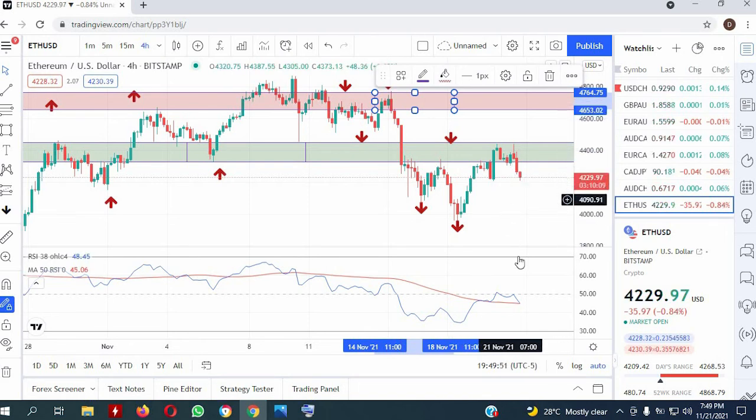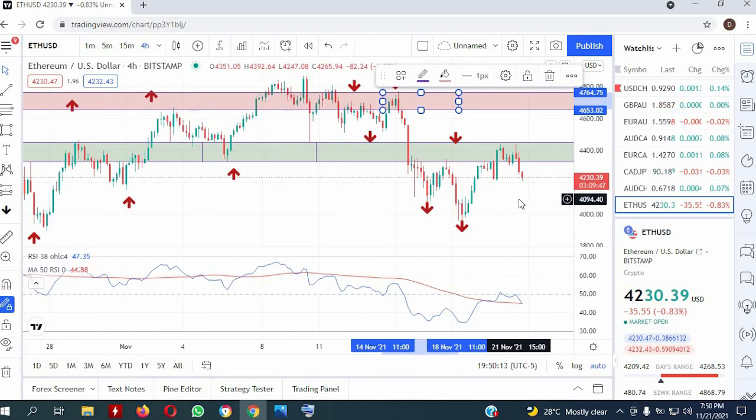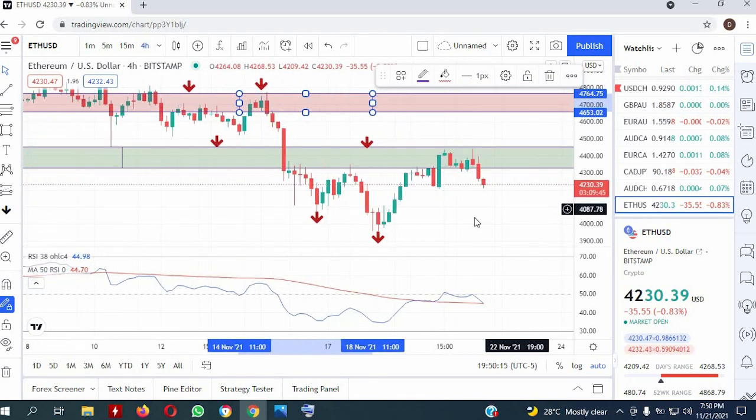So that's it for the Ethereum. But however, if the Ethereum takes out this lower high right here, it will continue the bull trend. But if it fails to take out this area, it will push further down and continue a bear trend. So that's it for the Ethereum.